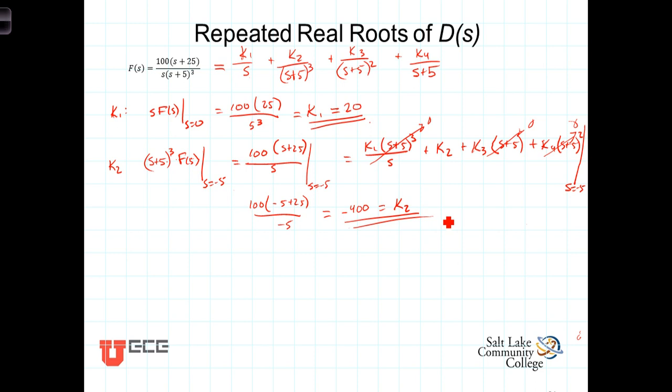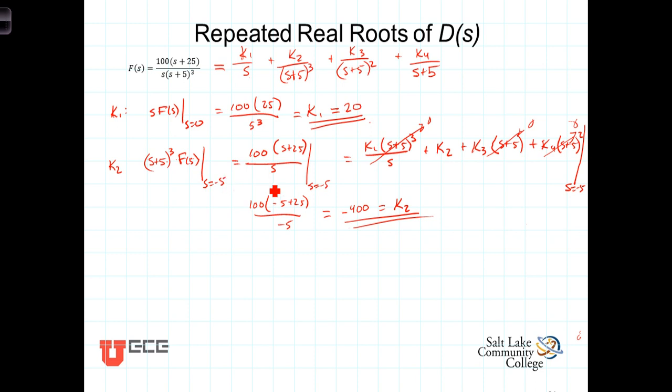Our trick to this is that we'll go back to this form right here, (s plus 5) cubed times F(s), and before we evaluate it at s equals minus 5, the trick is to differentiate both sides of this equation before evaluating it at s equals minus 5.